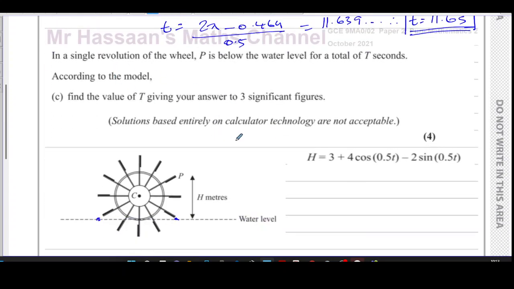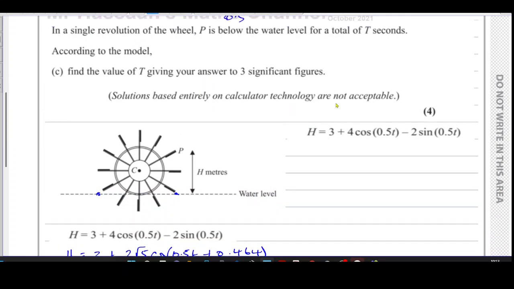According to the model, find the value of t, giving your answer to three significant figures. So we have to find the time when it reaches the water level and the time when it reaches the water level again, the times between it hitting the water level.